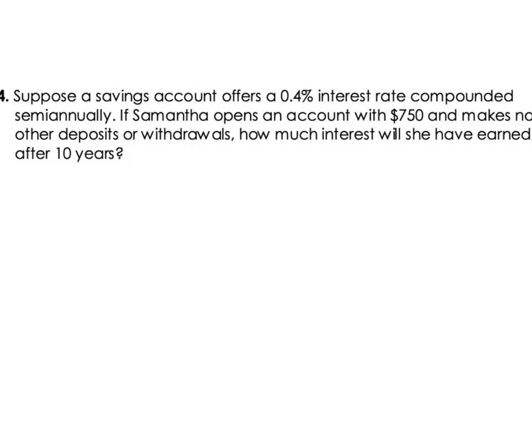Suppose a savings account offers a 0.4% interest rate compounded semi-annually. If Samantha opens an account with $750 and makes no other deposits or withdrawals, how much interest will she have earned after 10 years? So we know the principal is $750. We know that our rate is 0.004.